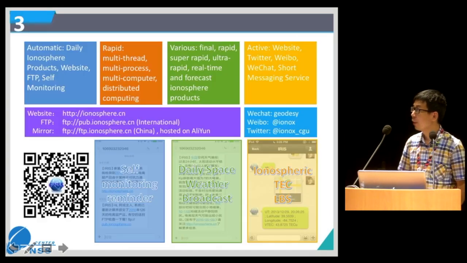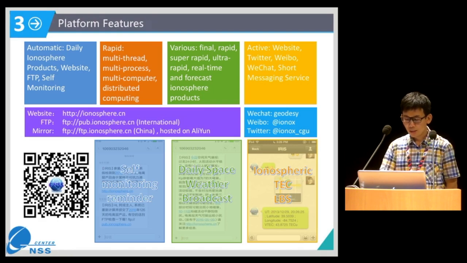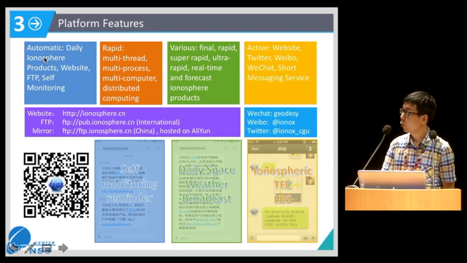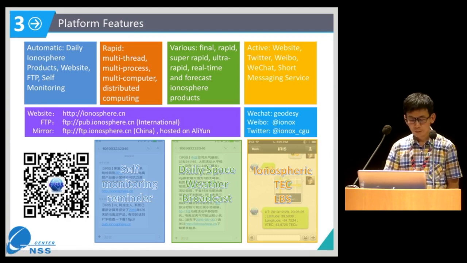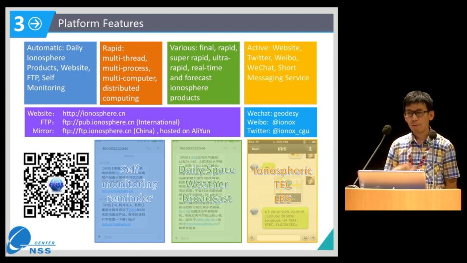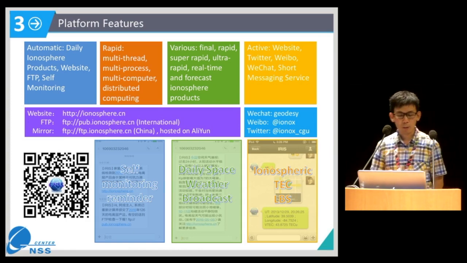Now we are going to take a look at some features of our platform. First of all, the data processing is performed automatically, and it is rather rapid since we have adopted the parallel computing technique. Moreover, we have given special attention to the robustness of this platform, since we may suffer from connection problems, software problems, as well as hardware problems.